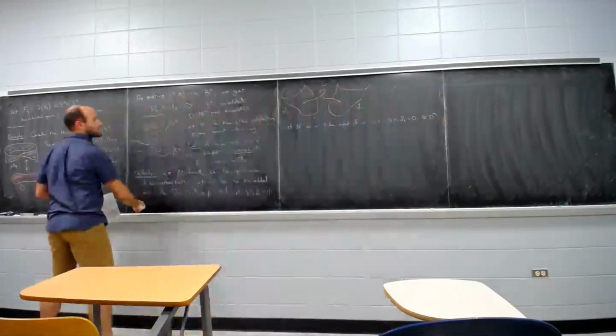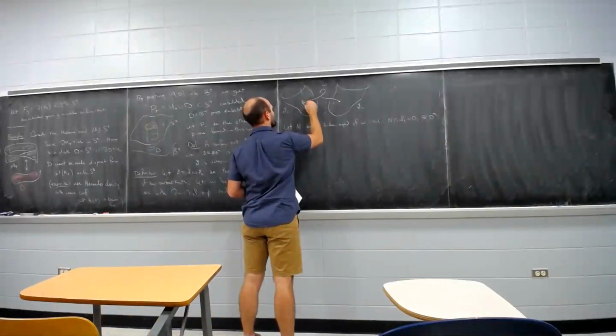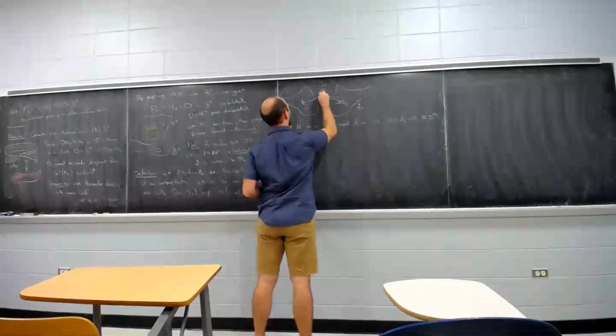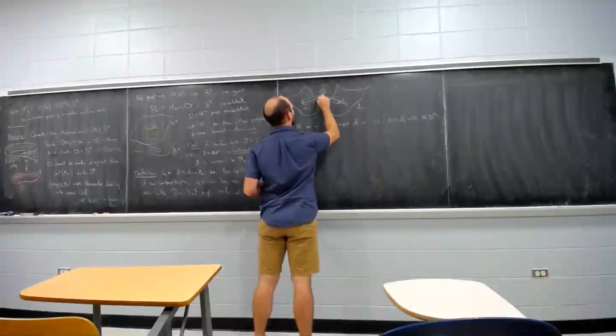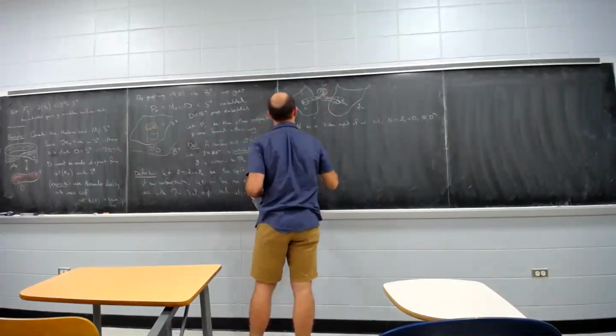Okay, so what does that mean? We've got a disk D1, we've got a disk D2, and we've got this solid neighborhood of omega.